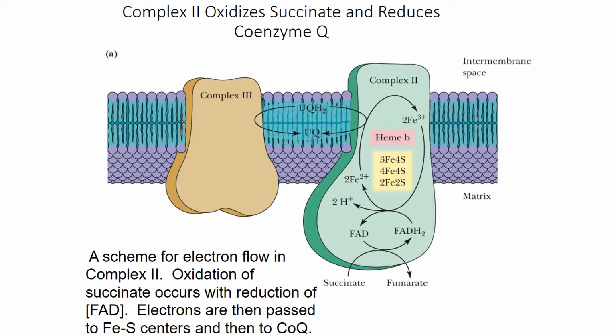So it picks up 2 electrons and 2 protons. 2 protons are released as it passes individually, 1 electron at a time, to an iron-sulfur center, and then we have the reduction, or contributes, I should say, to the reduction of ubiquinol.